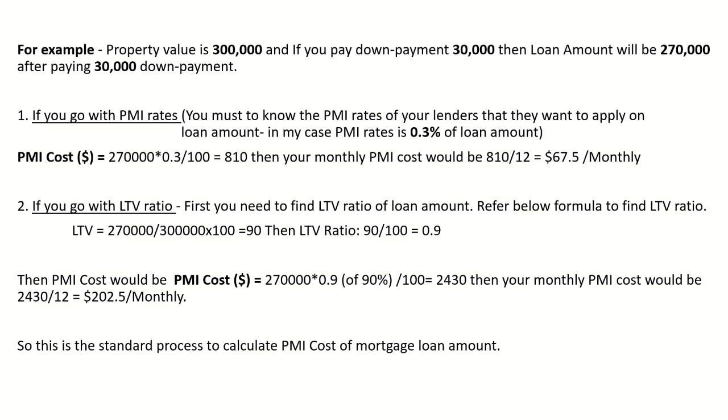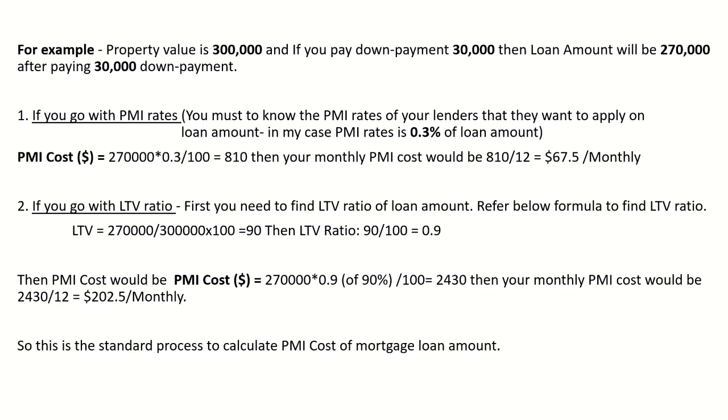So overall, we have seen everything and two formulas: using PMI rates and using the LTV ratio. You can choose either one of them to calculate PMI cost in your application. So these are the formulas.